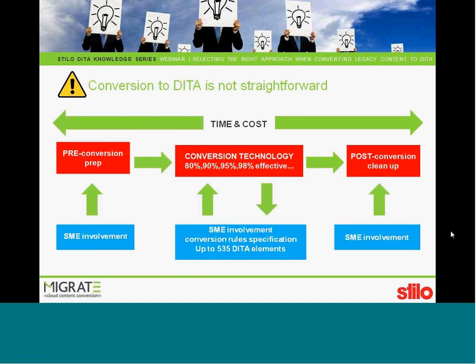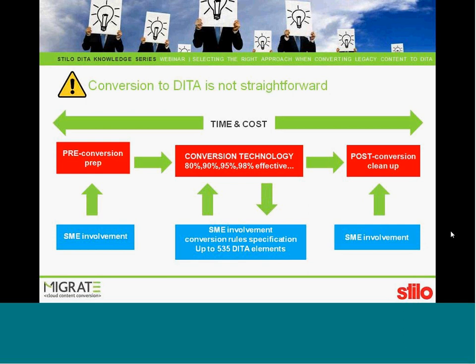And finally, as well, a major second point I'd like to emphasize: every step of the way, subject matter experts, that is, authors and writers typically, have to be involved in this whole process. Initially, they will be getting involved in conversion rule specification, and that can become pretty complex.